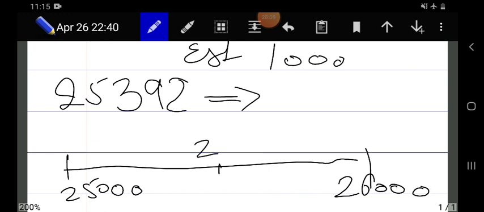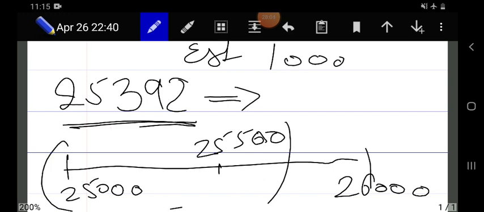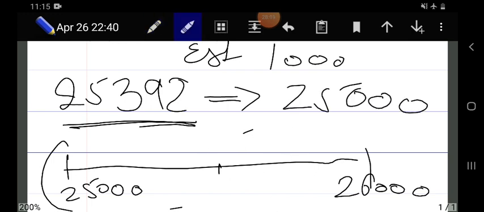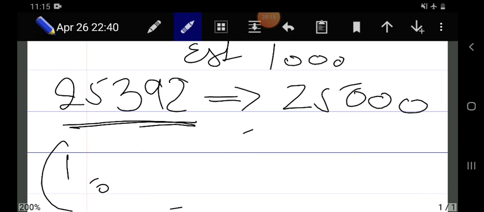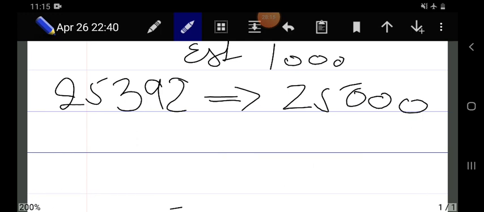The midpoint will be 25,500. So this number will lie between this, so 25,392 will become 25,000. Understood?